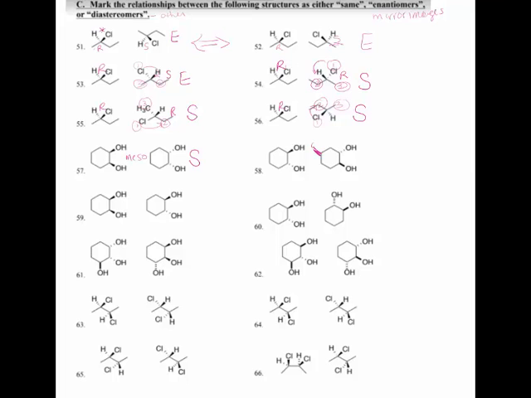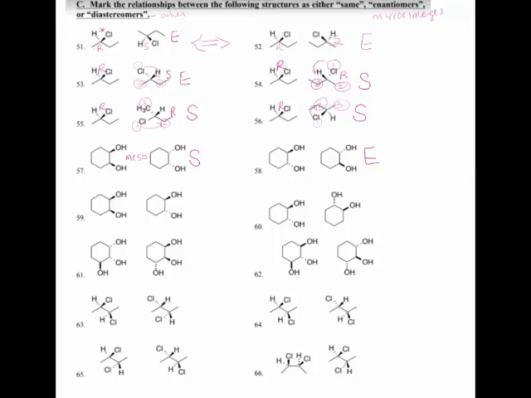So we have an OH coming out here, and here we have an OH receding. It's the mirror image here. I just turned the ring around. So any which way you flip this, what you have is a non-superimposable mirror image. These are enantiomers. These asymmetric centers are going to be directly opposite one another.